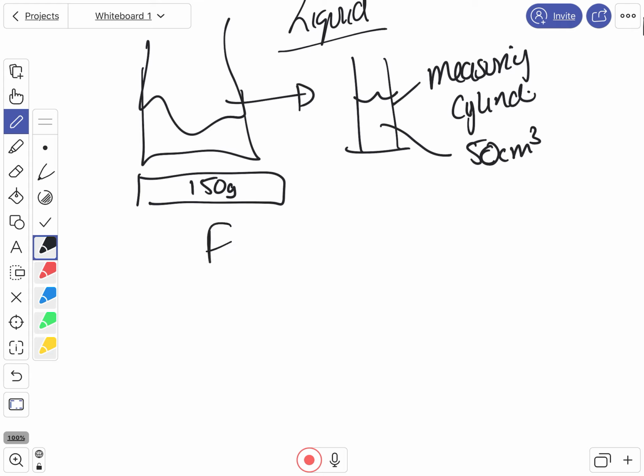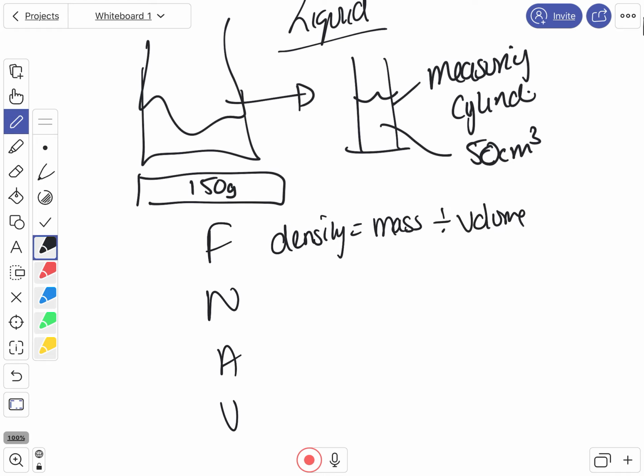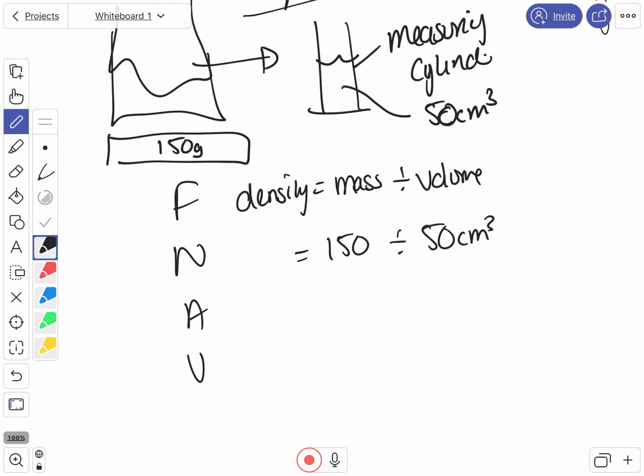Same formula. So FNAU: formula, numbers, answer, units. Density equals mass divided by volume equals 150 grams divided by our 50 centimetres cubed. Our volume, we don't need the 50 centimetres cubed, just need the 50. So I'm just going to remove that, make it cleaner to look at.